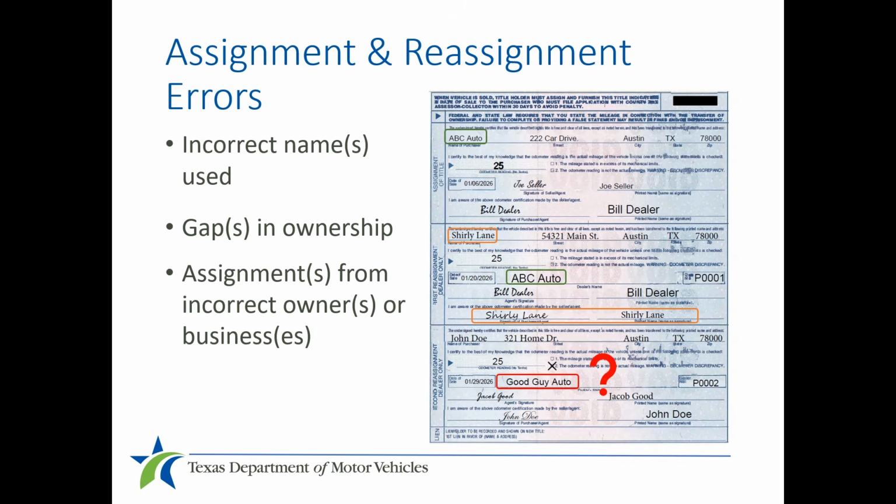The problem is that the ownership chain doesn't clearly explain how the vehicle moved from Shirley Lane to Good Guy Auto. It's possible that Shirley Lane works for the dealership, but the assignments do not clearly show that. Assignments should always display a clear and logical chain of ownership from one entity to the next. If that chain is unclear, the county may return the transaction. Next, let's discuss another common reassignment issue.